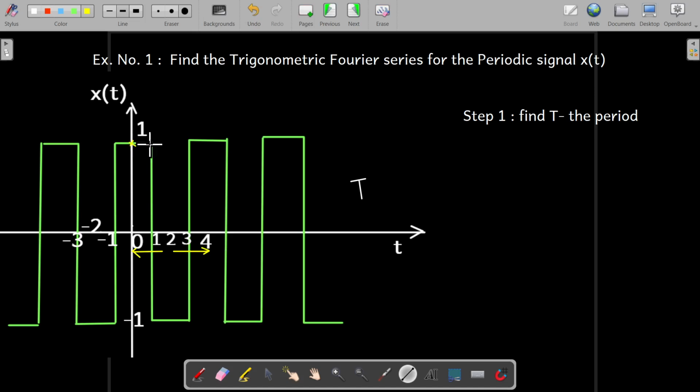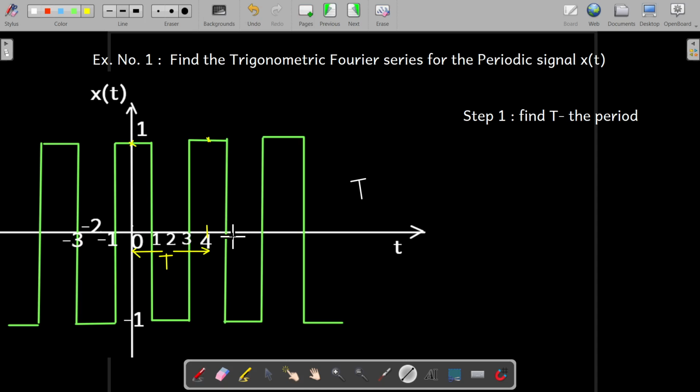Here you have the maximum value, then it goes downwards to -1, then goes upward, crossing 0, again reaching the highest peak, then here it ends. So this is the end point, and up to this you have the time period T. So it is from 0 to 4. The time period is 0 to 4.